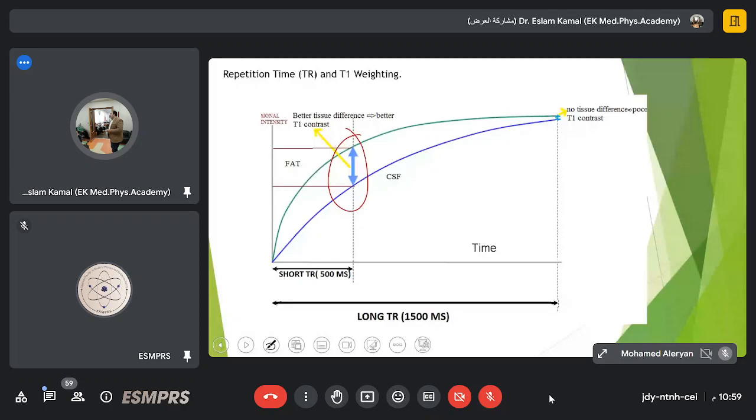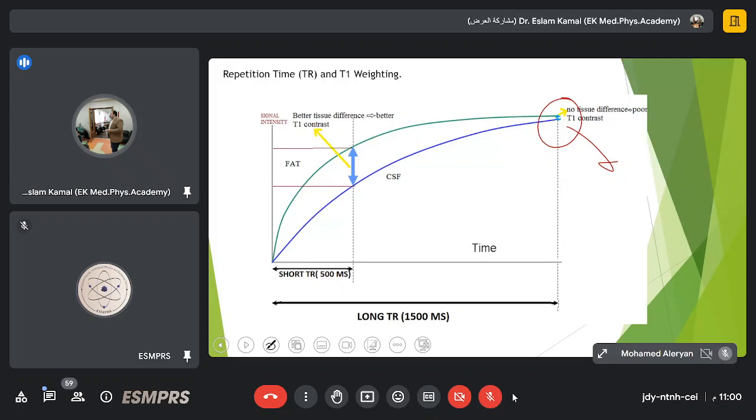But if you select long TR, at this point the longitudinal magnetization for fat and water is very high, but there is no difference between fat and water, so both of them will give you the same signal. But if you measure at this point, which is long TR, the transversal magnetization still has some magnetic force, which can give you a bright signal for CSF and a lower signal, or less bright signal, for fat.